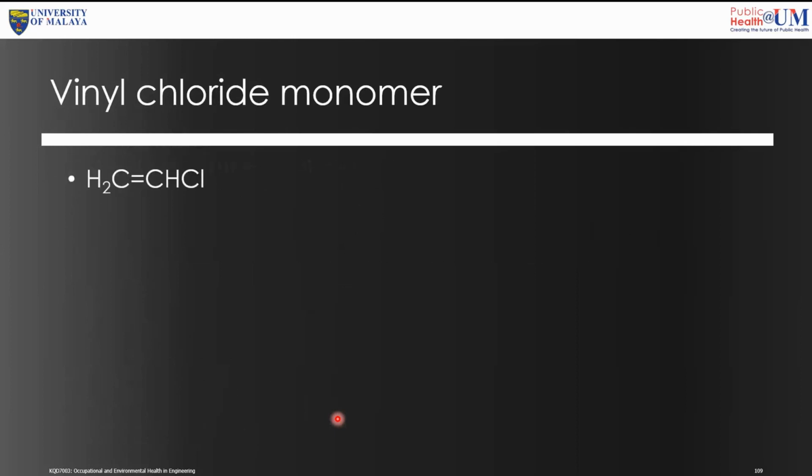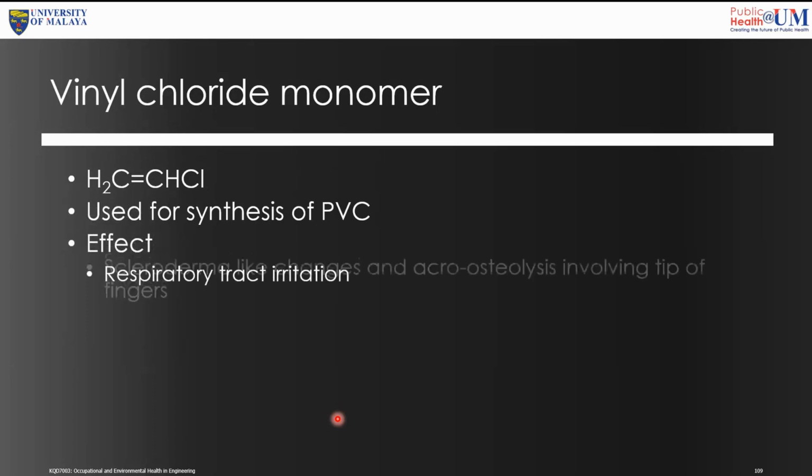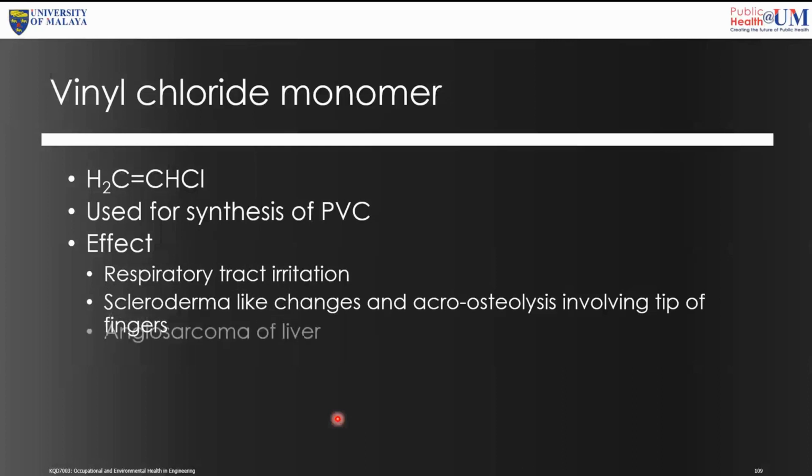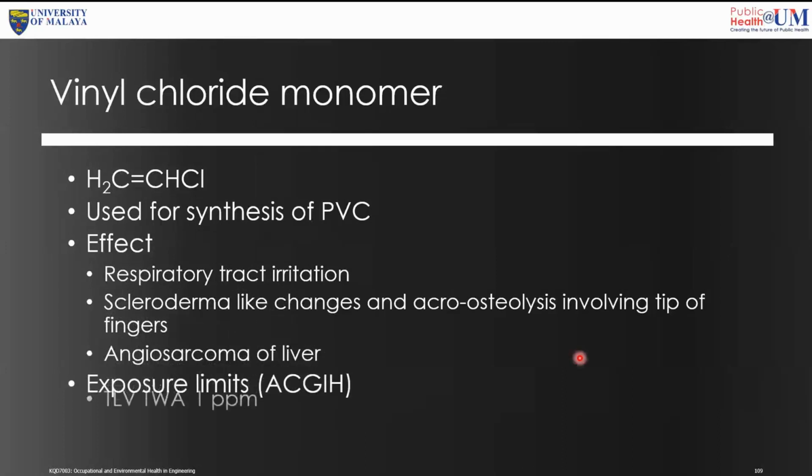Vinyl chloride. Vinyl chloride is another chemical used to synthesize polyvinyl chloride. Effects are respiratory tract irritation, scleroderma, skin changes, or acro-osteolysis involving the tip of the finger, and angiosarcoma of the liver. Angiosarcoma basically means cancer of the liver, and the exposure limit is 1 part per million. So where can you get vinyl chloride monomer? Basically during the synthesis of polyvinyl chloride. Polyvinyl chloride is actually plastic.